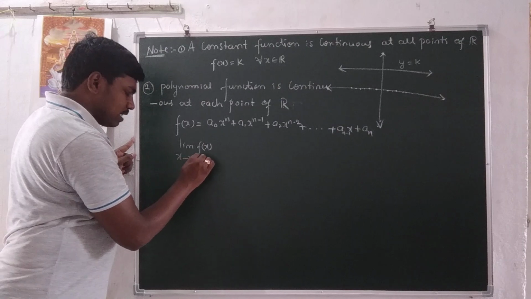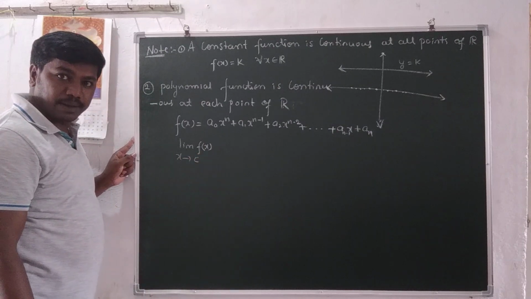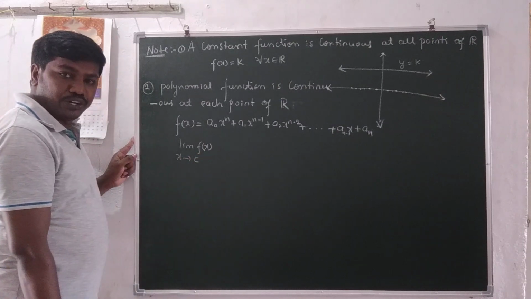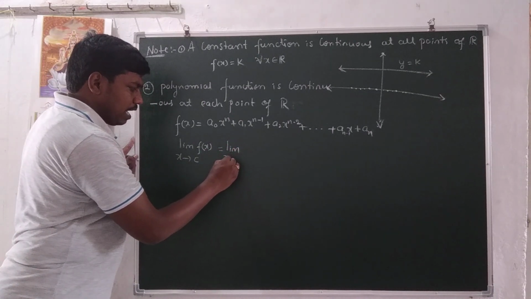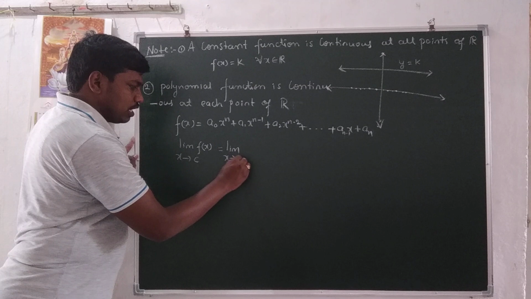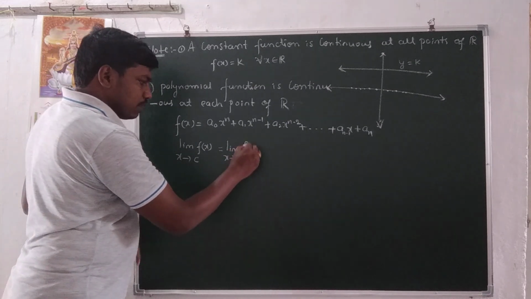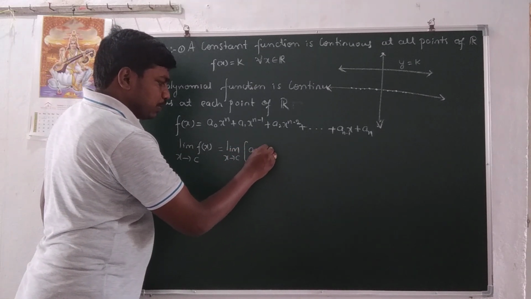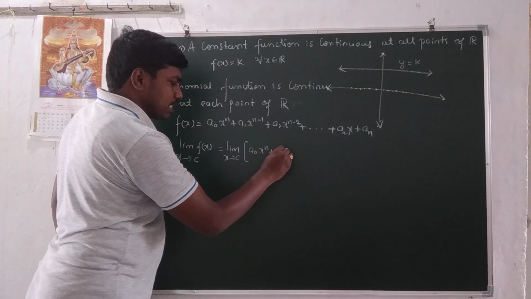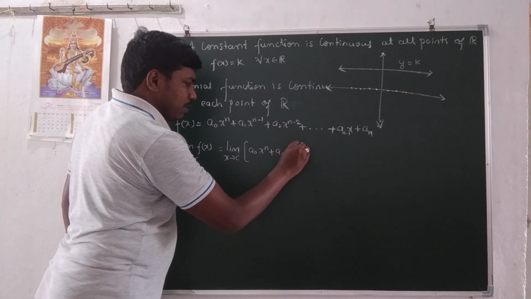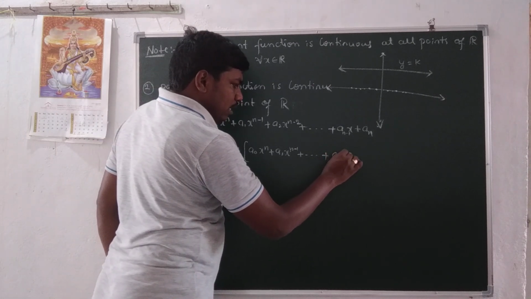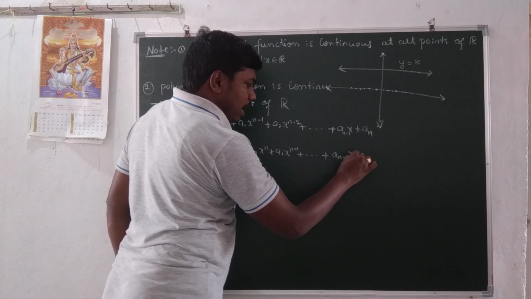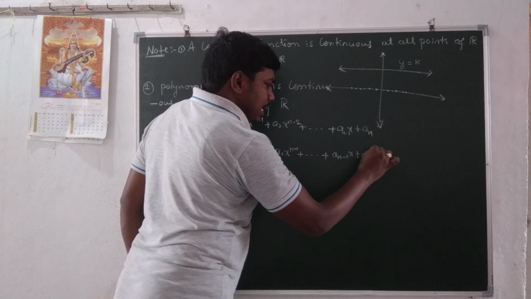Suppose c is an arbitrary point of real numbers. Then the limit as x tends to c of f of x is a0 x to the power n plus a1 x to the power n minus 1 plus, and so on, plus a(n minus 1) x plus an.